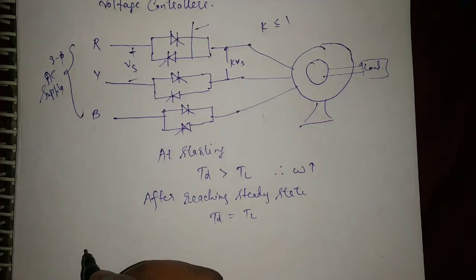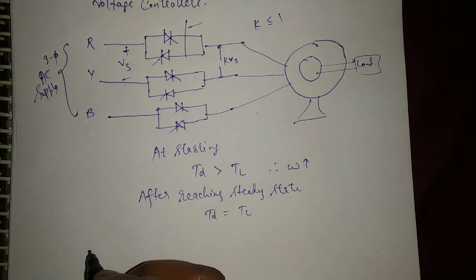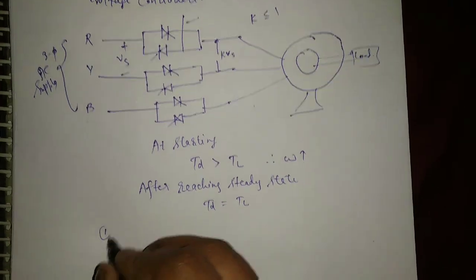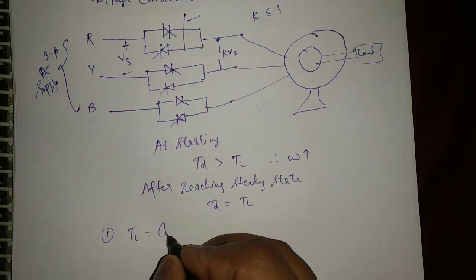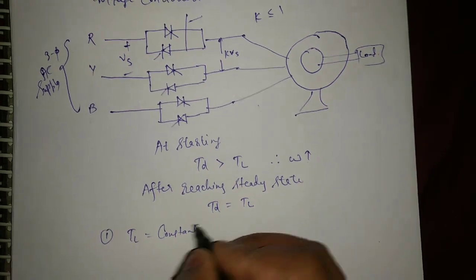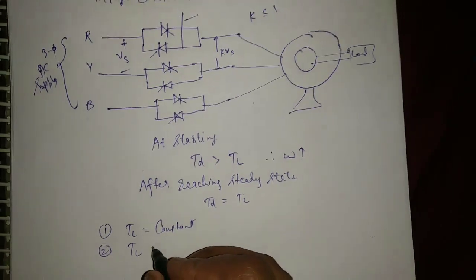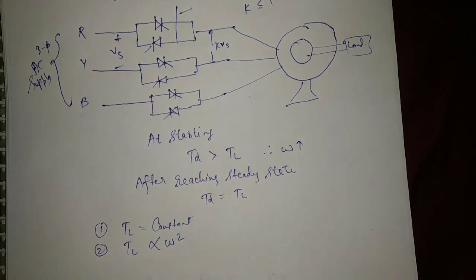Okay, now see, there are four types of load generally. First is TL is constant. Second is TL is directly proportional to omega square.